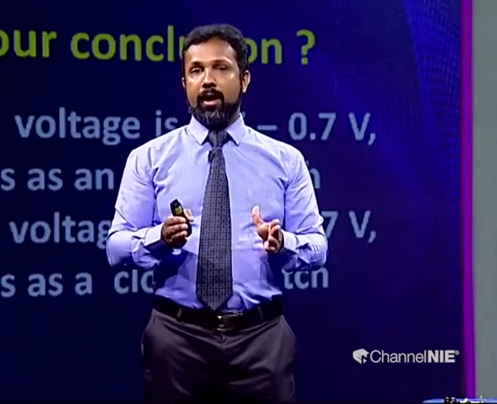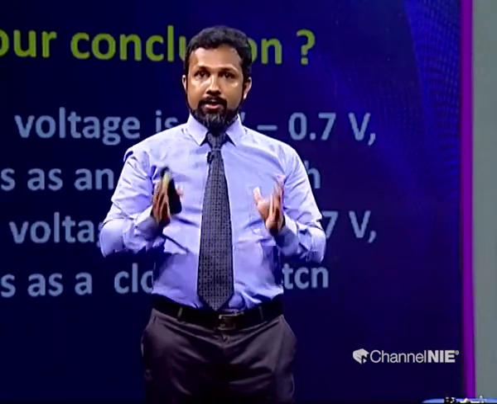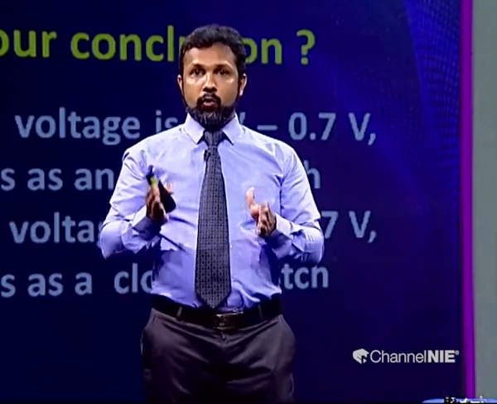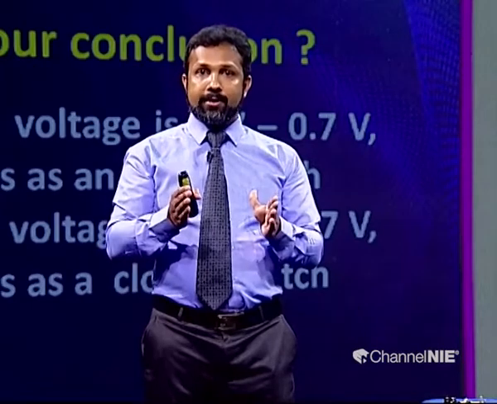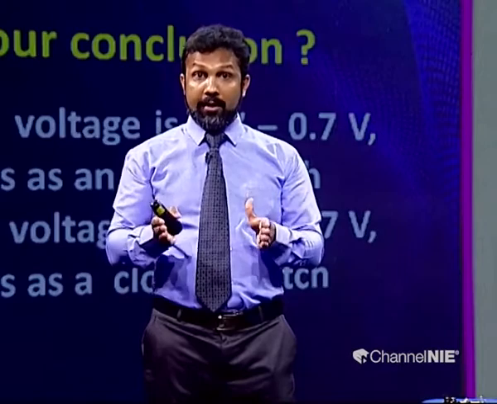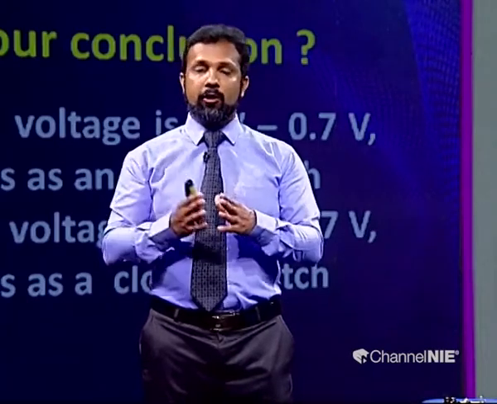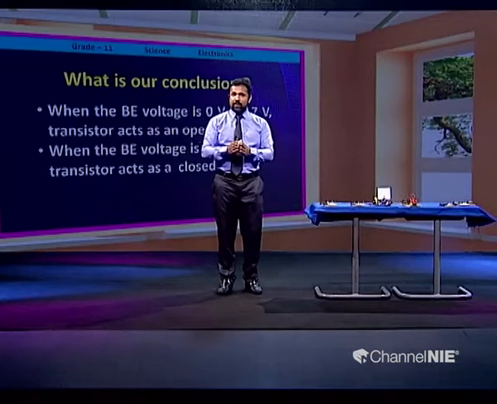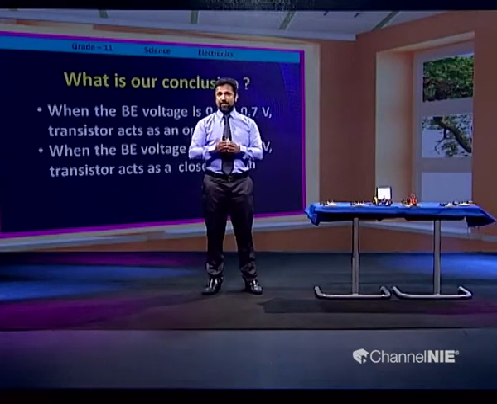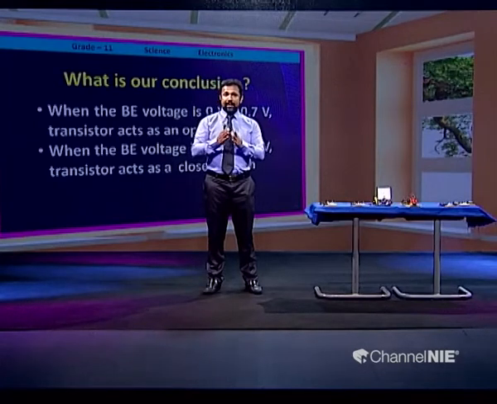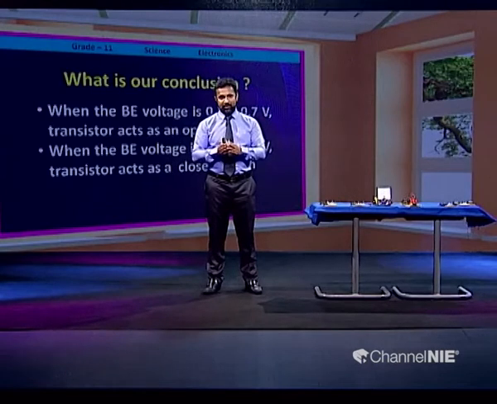That means for a transistor to act as a closed switch, the base emitter voltage should be 0.7 or more than 0.7 volts. Similarly, for a transistor to act as an open switch, the base emitter voltage should be less than 0.7 volts.